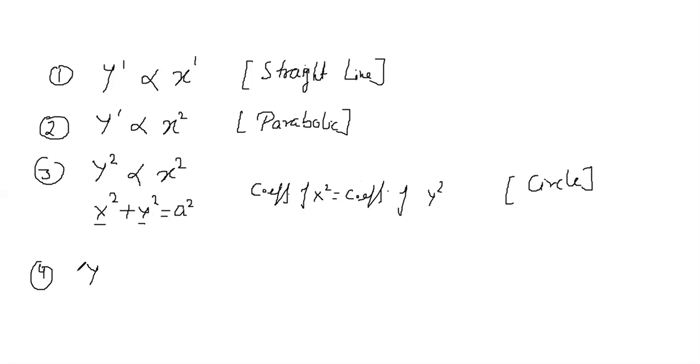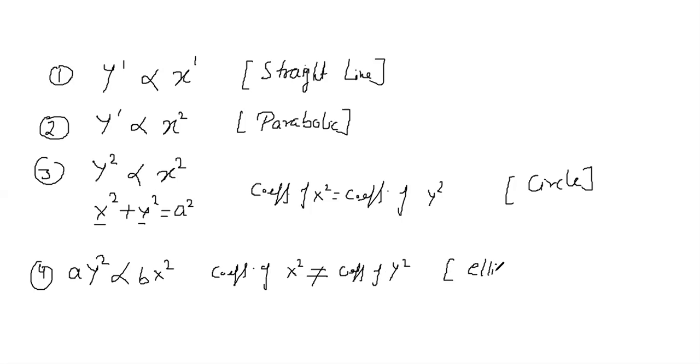If a y square is proportional to b x square, that means the coefficient of x square does not equal the coefficient of y square, so this forms an ellipse, like x square upon a square plus y square upon b square equal to 1.